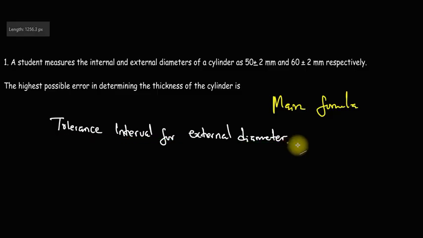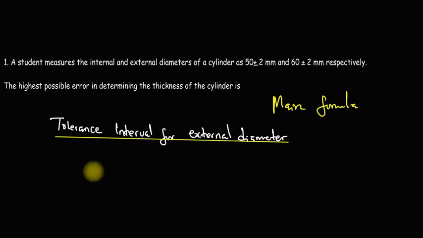I'm just underlining. So it's going to be given by, this is internal and this is for external. Remember they said respectively. So 60 plus or minus 2 millimeter is for external, which means that the tolerance interval is either going to be 60 minus 2 or 60 plus 2.